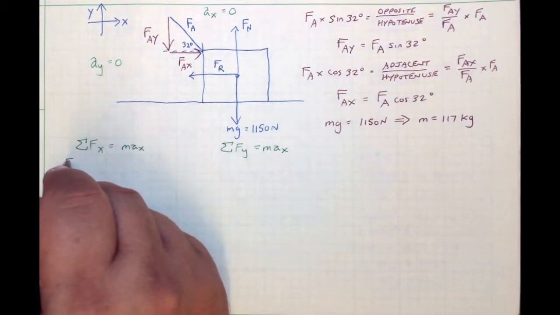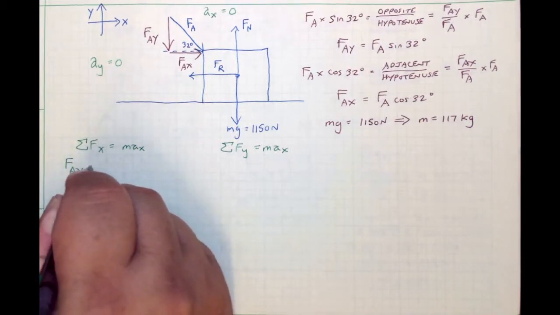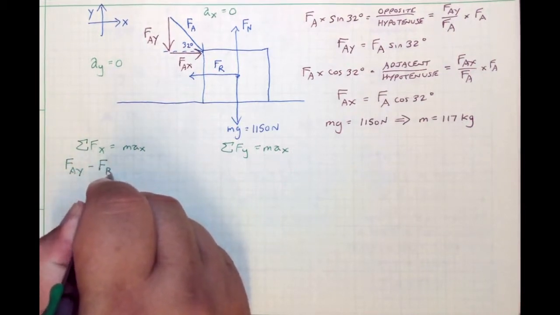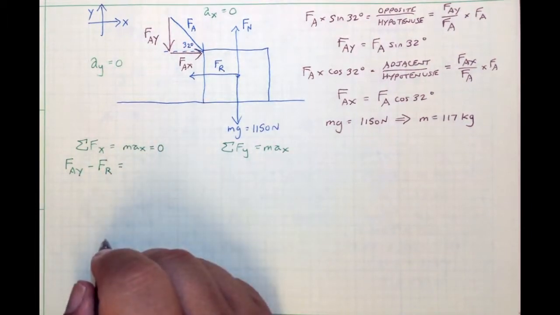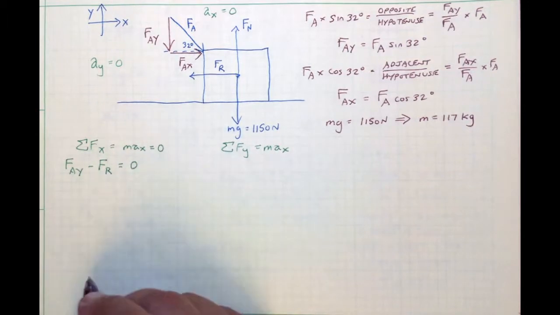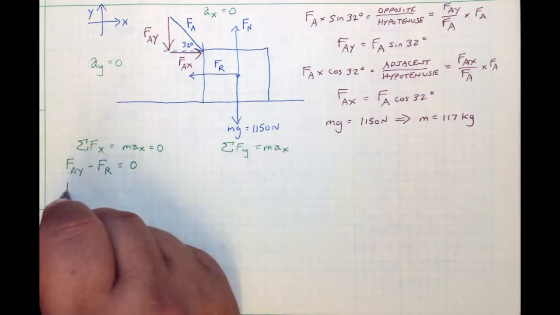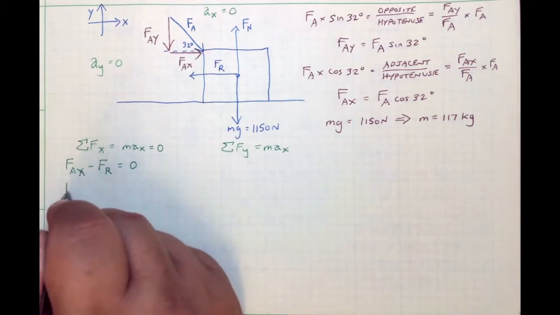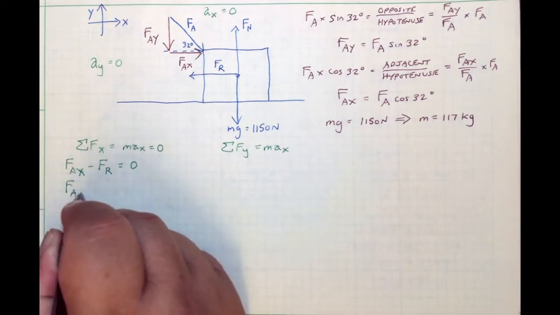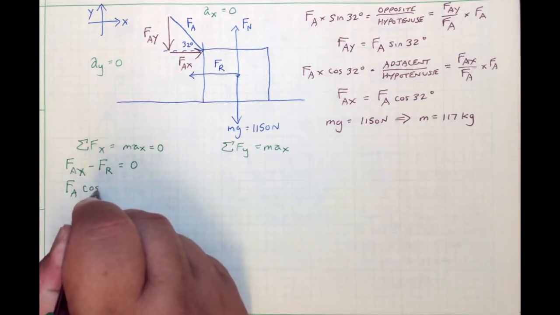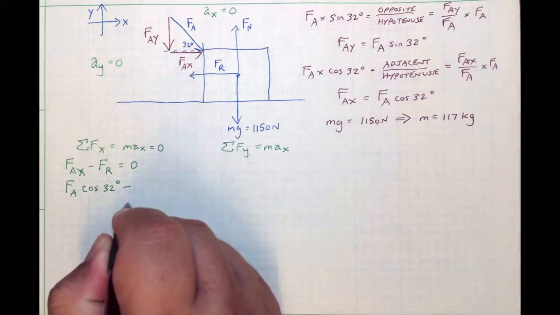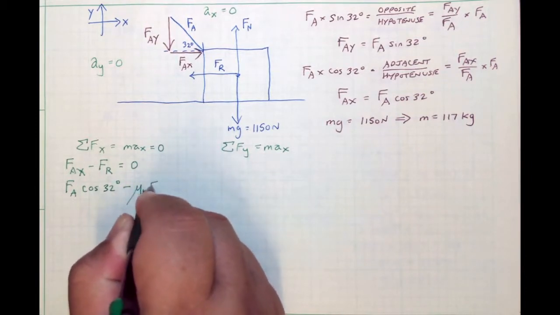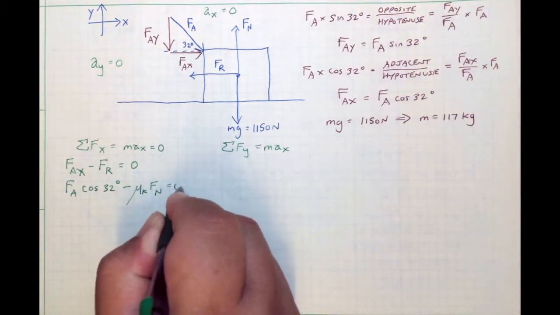So Fax is going to be positive, the friction force is going to be negative, and because we're moving at constant velocity, that acceleration is going to be 0. This gives us the situation where Fax, also known as Fa cosine 32, minus mu k times Fn is going to equal 0.